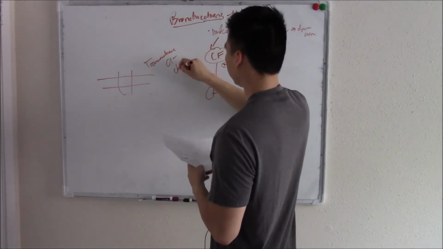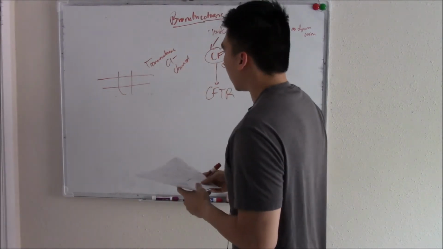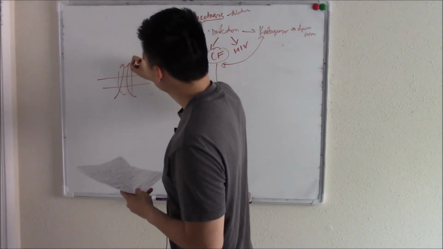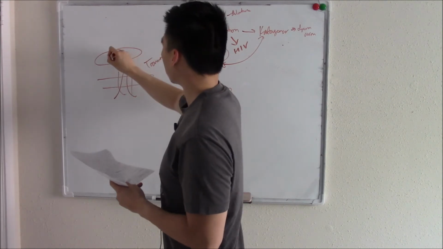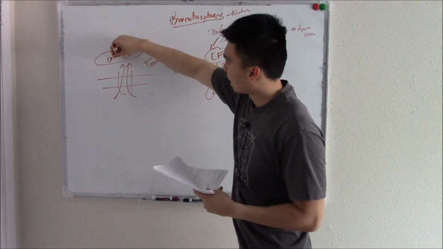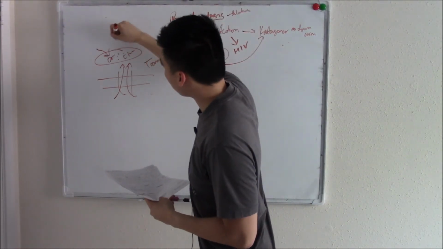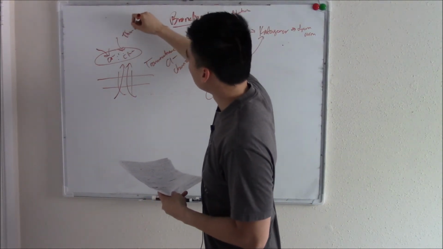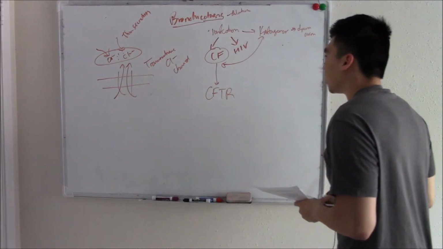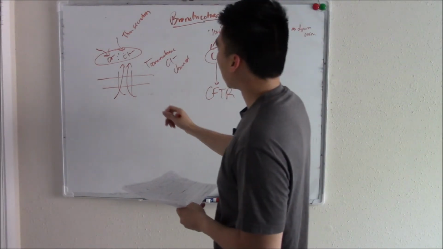And in a lot of your organs, it'll pump chloride out into secretions. And by osmosis, when you have a ton of ions in these secretions, it'll draw water in and thin it out. Thin secretions. Make things watery. All right. So that's what happens in your organs.